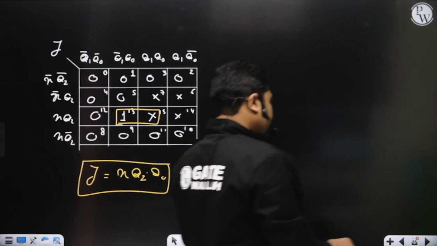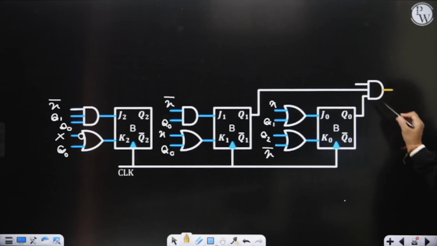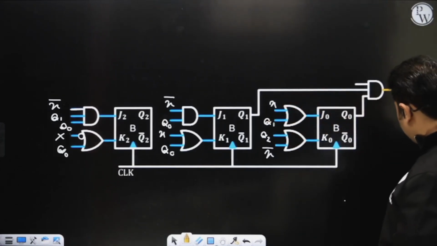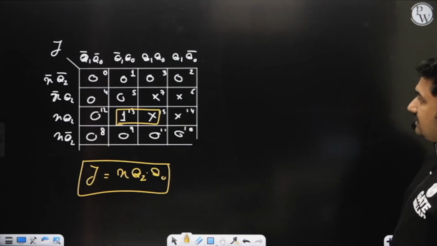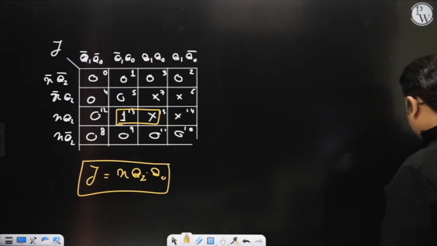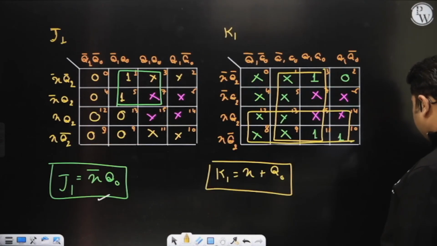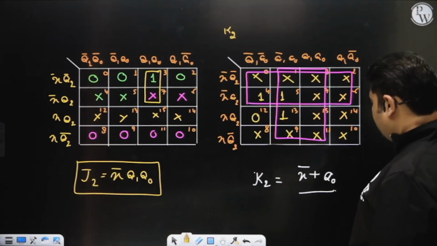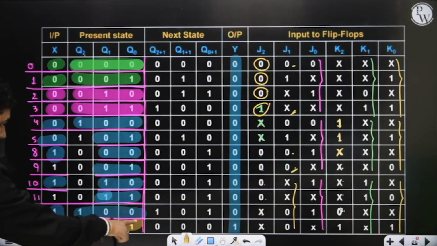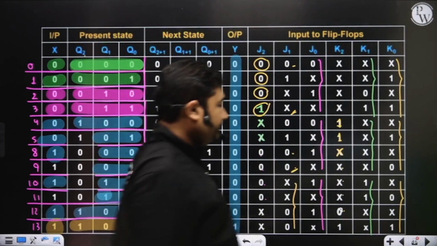So x q2 q0. Please observe here. This is q0, this is q2, x q2 q0. Only on the binary condition of 13 it is high. Yes, sir.